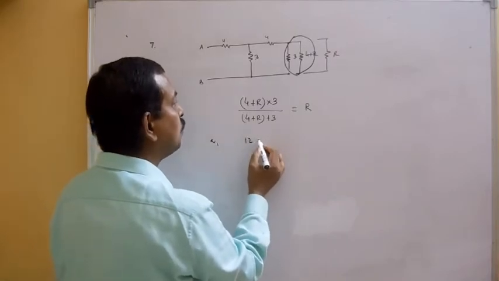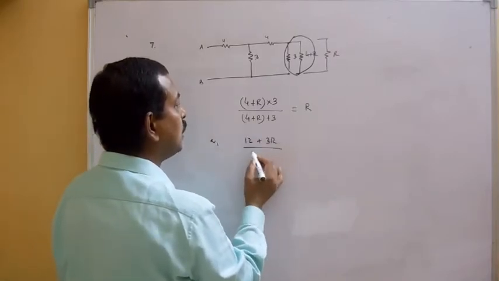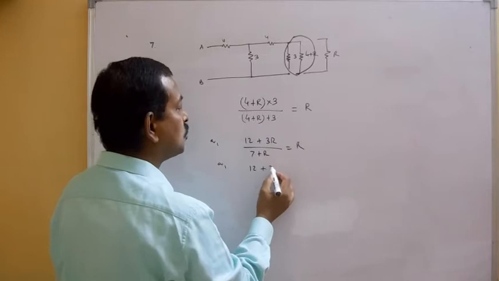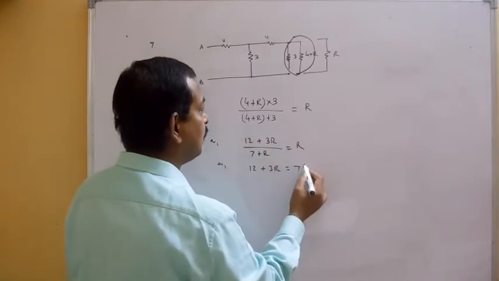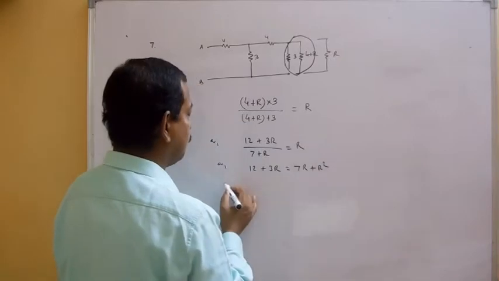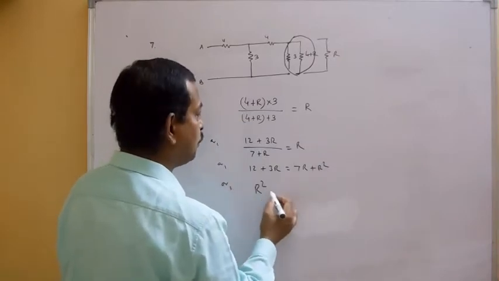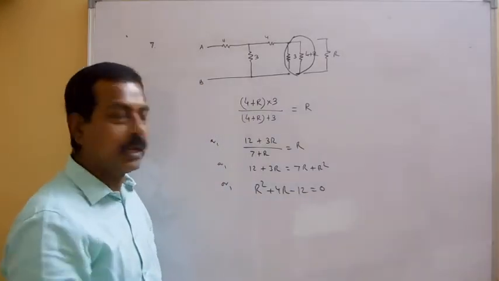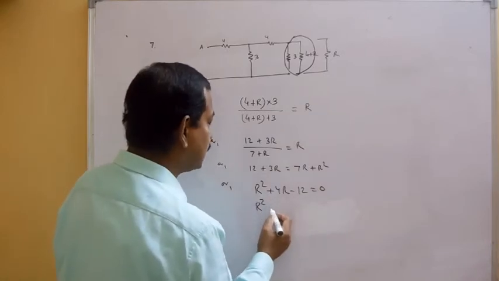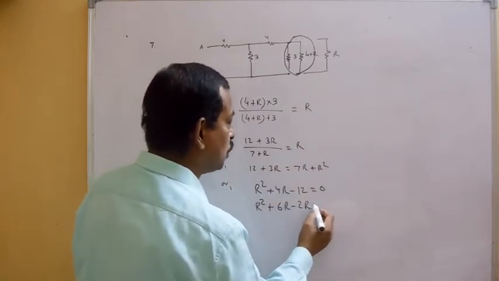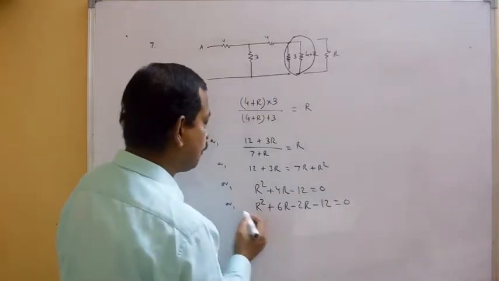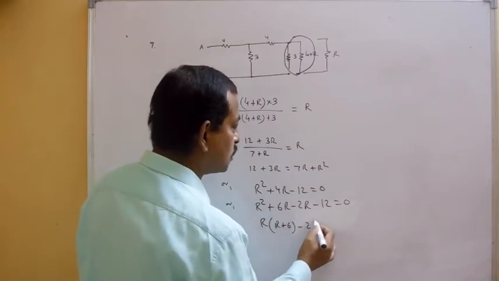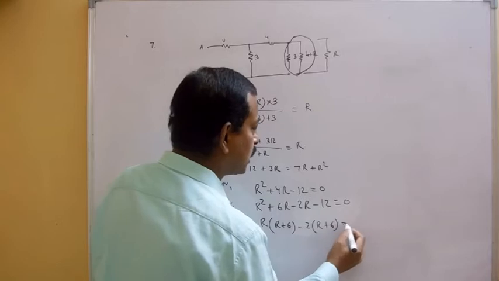So this is (12 plus 3R) divided by (7 plus R) equals R, or 12 plus 3R equals 7R plus R square, or R square plus 4R minus 12 equals 0. If you solve this, we can write R square plus 6R minus 2R minus 12 equals 0, or R (R plus 6) minus 2 (R plus 6) equals 0.